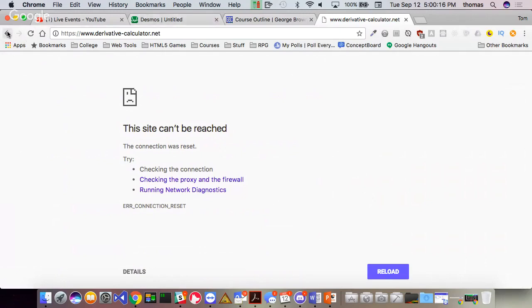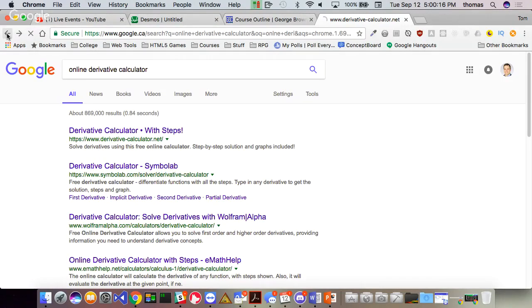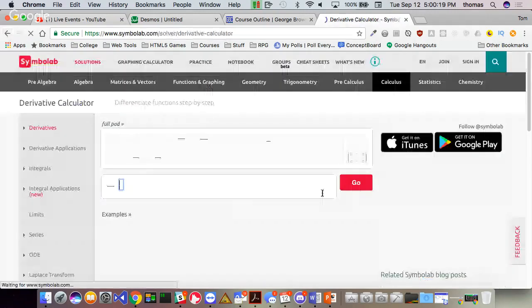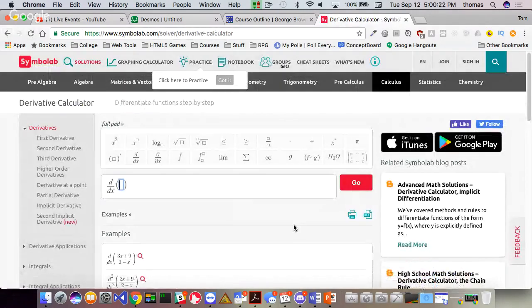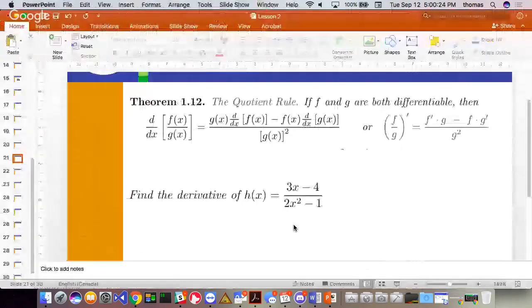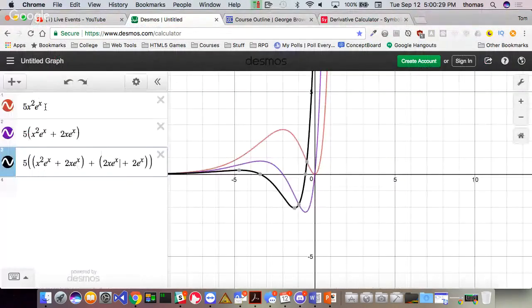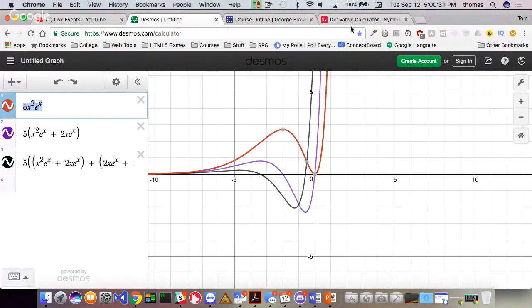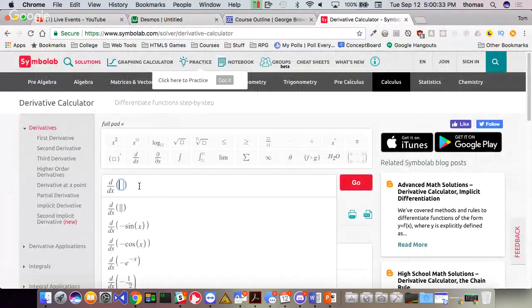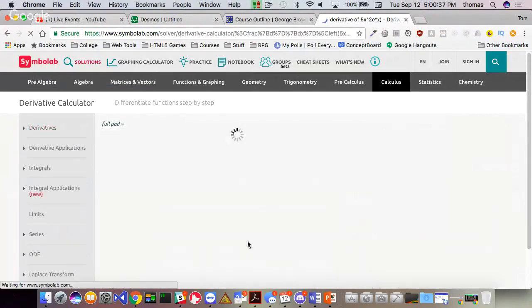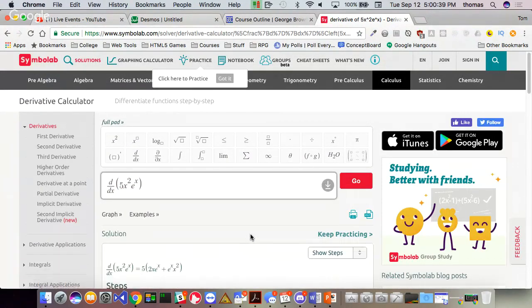But there's always some other one if it's down. So d over dx, and if we want to write in the derivative, let's go back to the derivative, which is over here. So this is the first derivative, 5x. As I take this whole thing, hopefully it'll take it. Let's see if it takes it. So if I type it in there and press go, you can see that this is the first derivative.